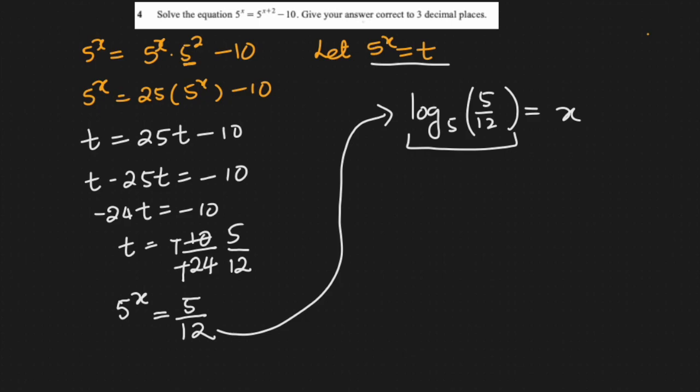They said answer, not answers, so only one answer is possible. Let me do it myself, which comes out to be minus 0.543959, to so many digits after this, but we will round it off to three decimal places. So minus 0.544 is the answer for this question.